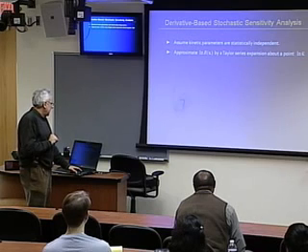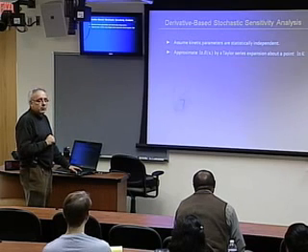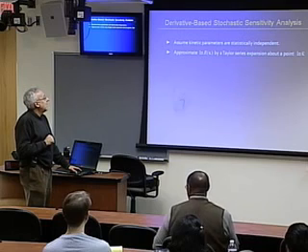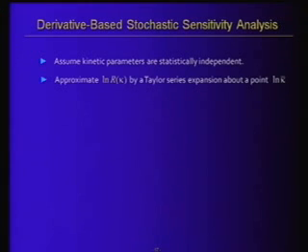One way to do it is to take the logarithm of the response, which is a function of k, and approximate it by a Taylor series expansion about a reference kinetic point, the logarithm of k bar.